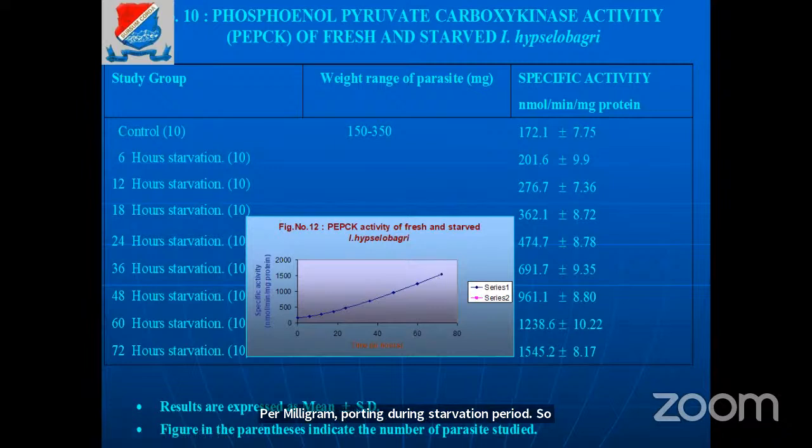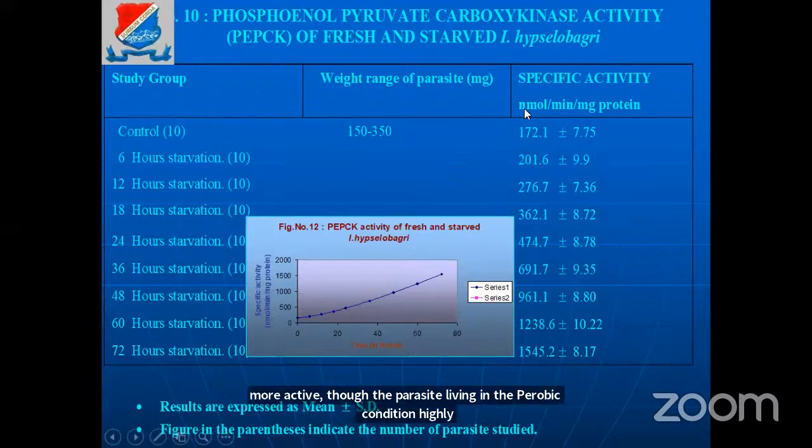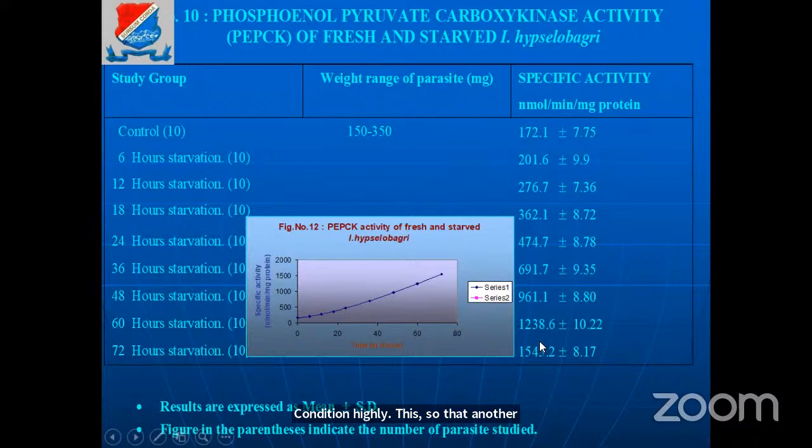Very interesting feature: PEPCK is very active and increasing during starvation because the CO2 fixation pathway is much more active. Though the parasite lives in a highly oxygen-rich aerobic condition, it shows another pathway, the CO2 fixation pathway, that means an anaerobic pathway. That means a switch over from aerobic to anaerobic during the starvation period.